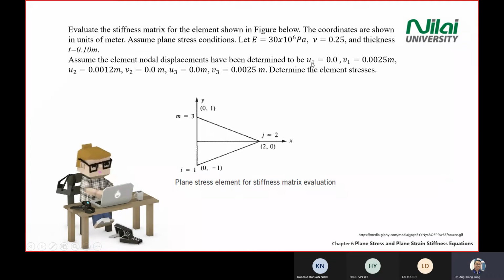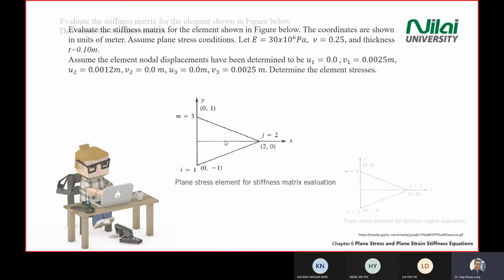The displacement in point 1, u and v is given, u in x direction, v in y direction. So displacement in all the points is given. So u, v is given. So 1, 2, 3, so 6 values are given. So it speeds up your calculation already. Determine the stress for this element.